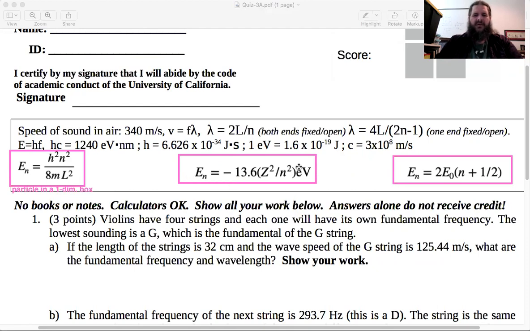What about this other one, this negative 13.6 Z squared over n squared? When would you use that one? Or what sort of system is that talking about? Yeah, that's hydrogen. Generally any atom that is small enough and has only one electron can be treated as acting like hydrogen.